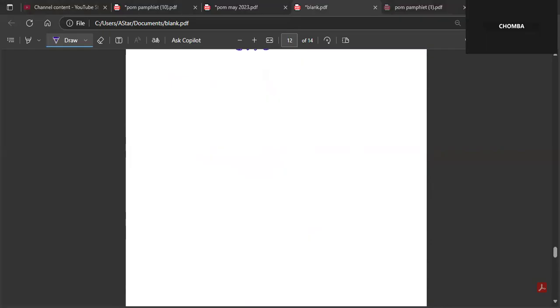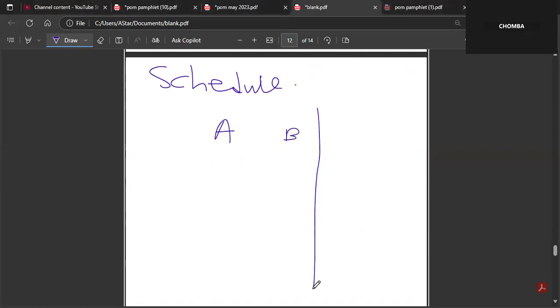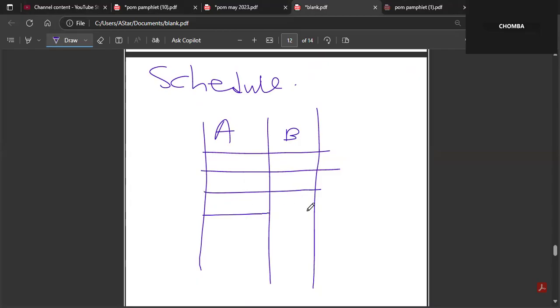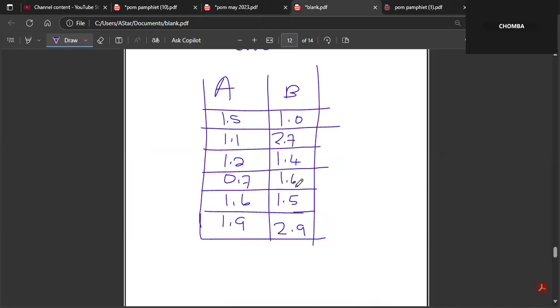You have operation A, operation B. The times are 1.5, 1.1, 1.2, 0.7, 1.6, 1.9, 1.0, 2.7, 1.4, 1.6, 1.5, 2.9. So which one is the shortest processing time?